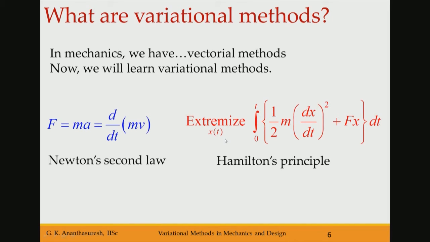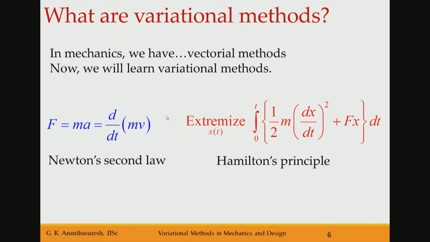Just like in the previous problem where we minimized, here we are leaving it open. We can maximize it or minimize it with respect to x of t, that is our unknown. dx by dt would be our velocity, d square x by dt square will be our acceleration. So, we extremize a quantity, and that is called Hamilton's principle, which is a variational principle.